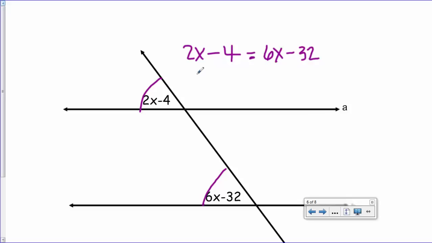Solve for x. I'm going to bring the x's to the right. Negative 4 equals 4x minus 32. Bring the non-x's to the left, so I'll add 32 to the other side.